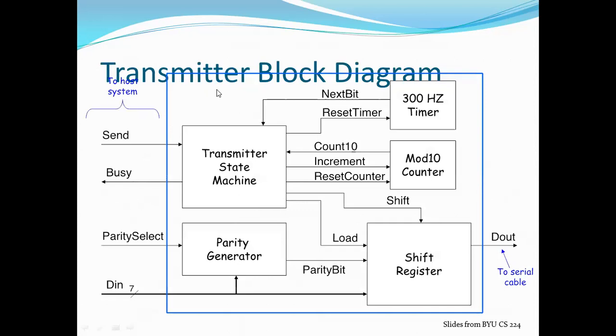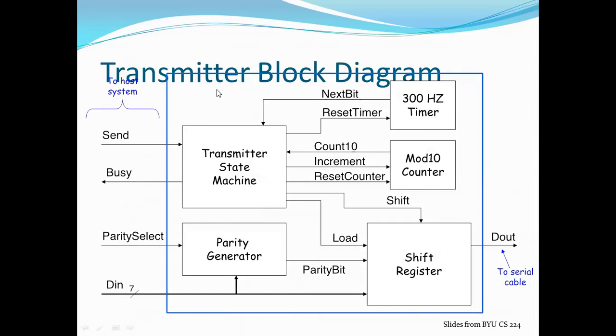Transmitter block diagram: how a transmitter transmits UART. It sends the data to the transmitter state machine. It has a parity generator.